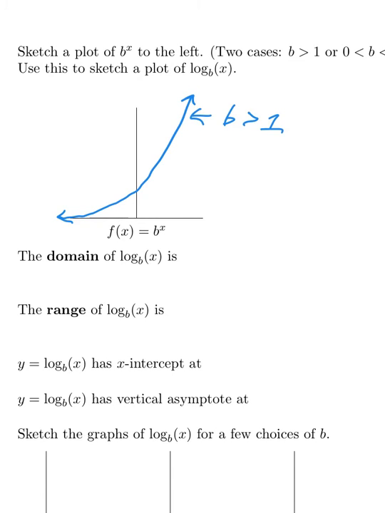You can never have a negative number in the base of an exponential, or at least if you want to think of it as the exponential function. I mean, negative 1 to the power 2 makes good sense, but negative 1 to the power pi does not. And there's the case that 0 is less than b is less than 1.